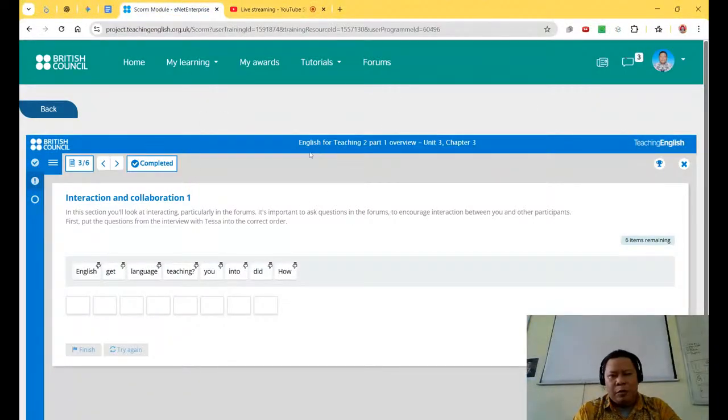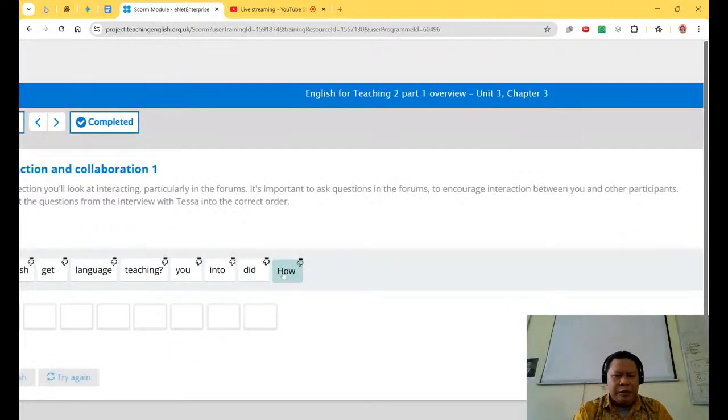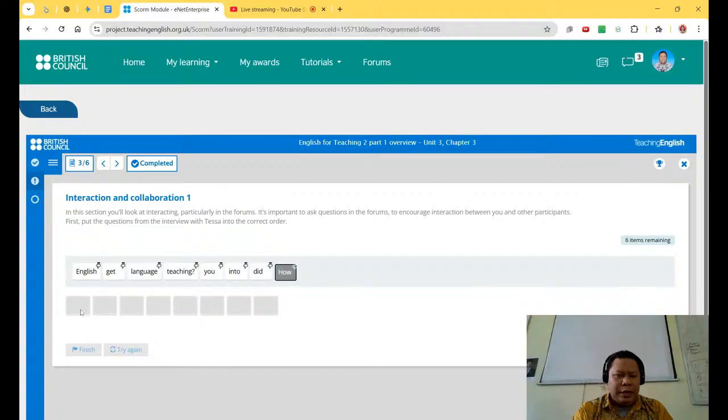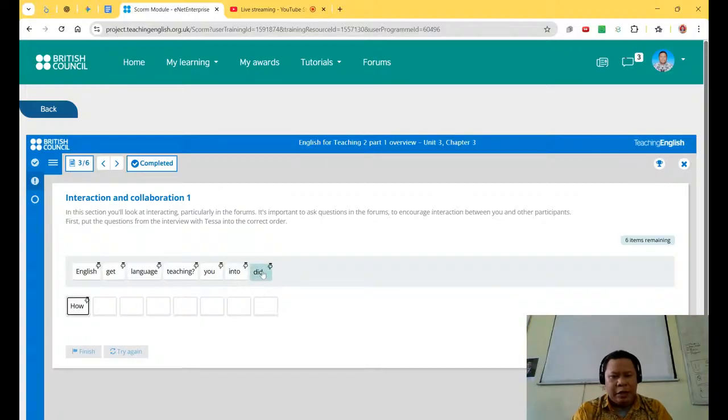I'm doing Unit 3. It's about rearranging the words into the correct order. So let's get started. First, of course, we choose the capital letter. How is the question word, and then we need the auxiliary did, and then the subject you.